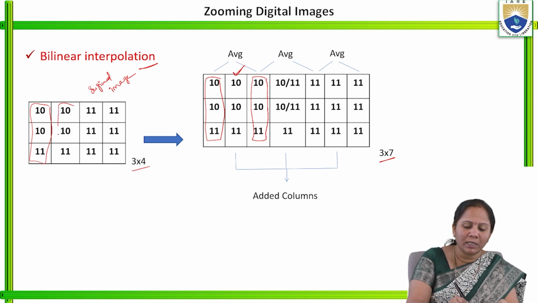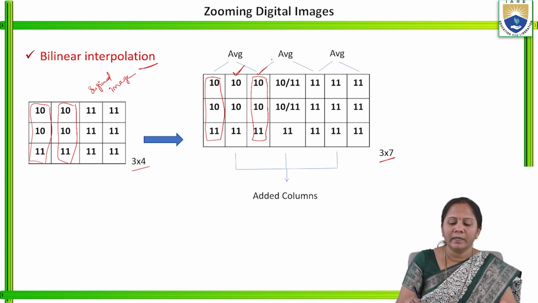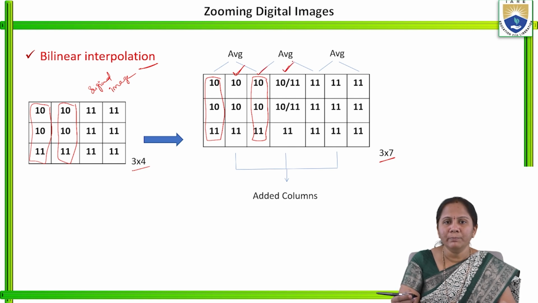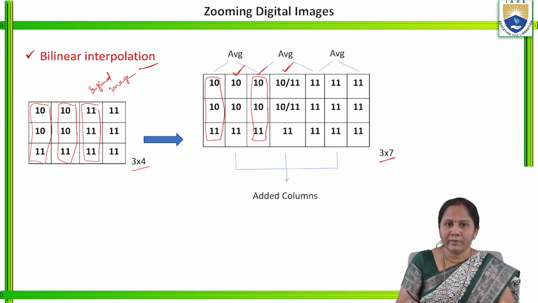Coming to the original image, the second column is 10, 10, 11. And here 10, 10, 11. After this, we can observe this is the column which is duplicated. And the next column is 11, 11, 11.